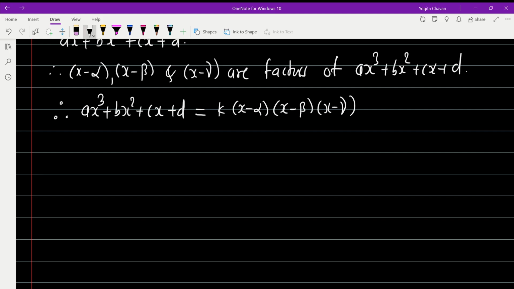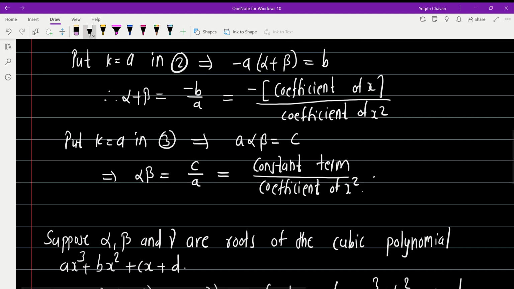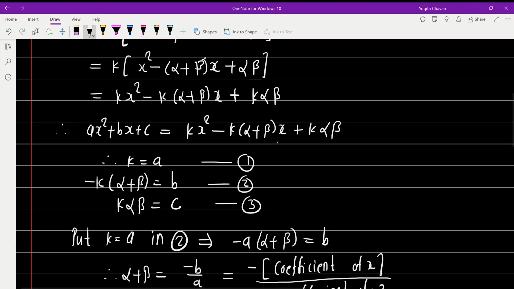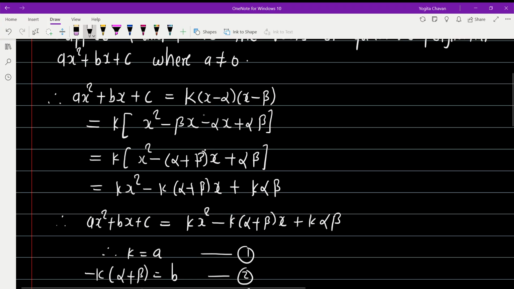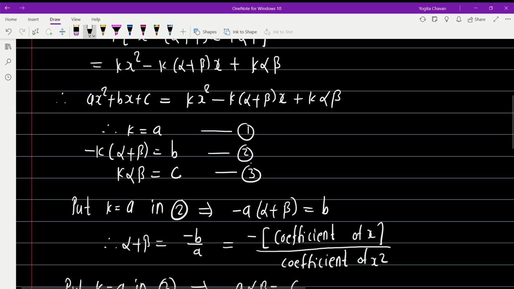Now we simplify the right hand side. It is k as it is, times x minus alpha into x minus beta, but we already calculated this product. If you simplify it, it is x square minus alpha plus beta into x plus alpha beta.